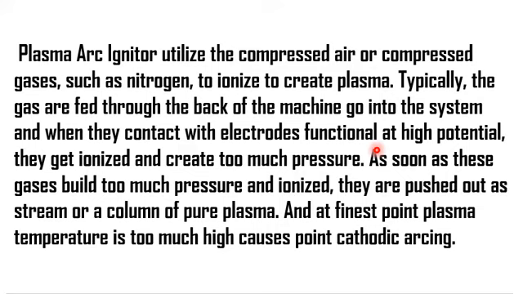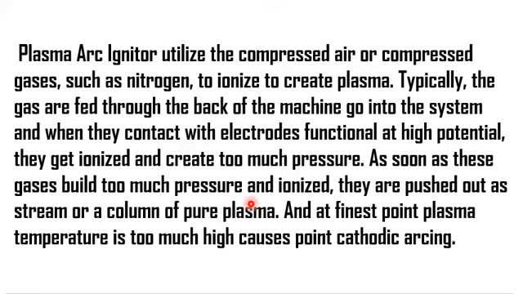So when the gases are introduced and reach the surface of the electrodes inside the plasma arc igniter instrument, the potential of the electrode is very high. Due to this very high potential, the compressed gases get ionized inside the system.